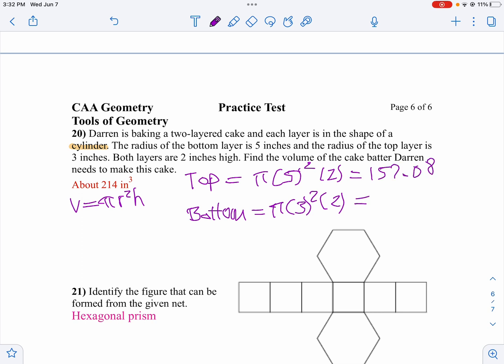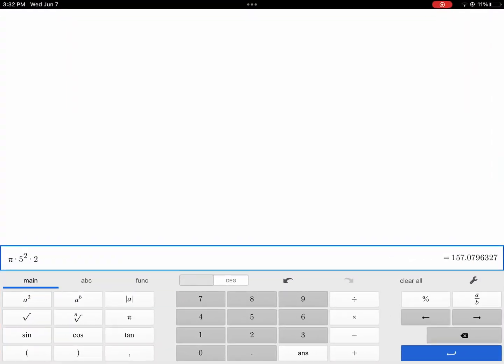And my bottom layer is going to be pi times 3 squared times 2. And that'll give me about 56.55.